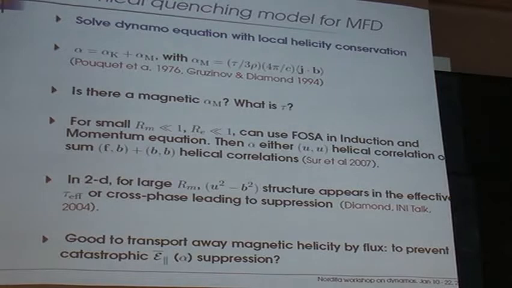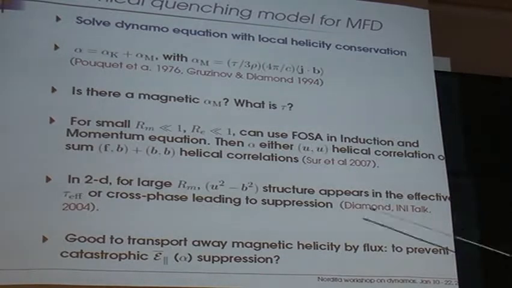So this encouraged us to say that this is my second way: having this magnetic helicity will affect the alpha effect. And if you could get rid of it, you will do something good.